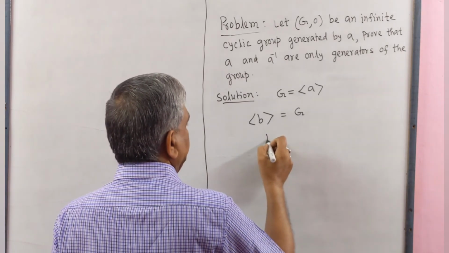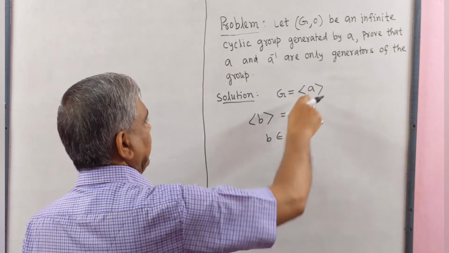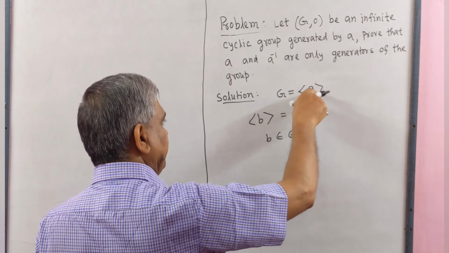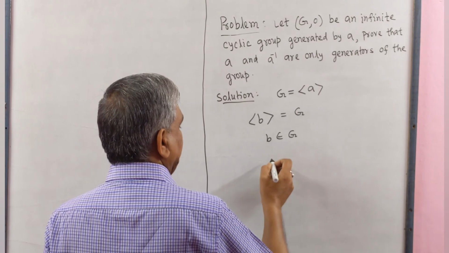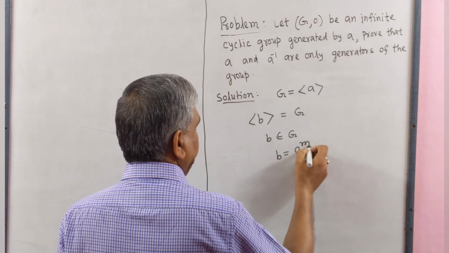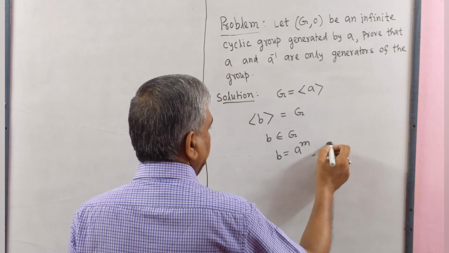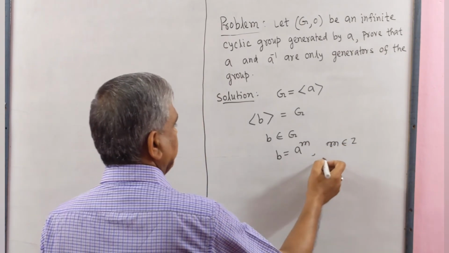Since B belongs to G and here A is the generator, therefore we may write B equal to A to the power m, m belongs to Z. Let this be number 1.